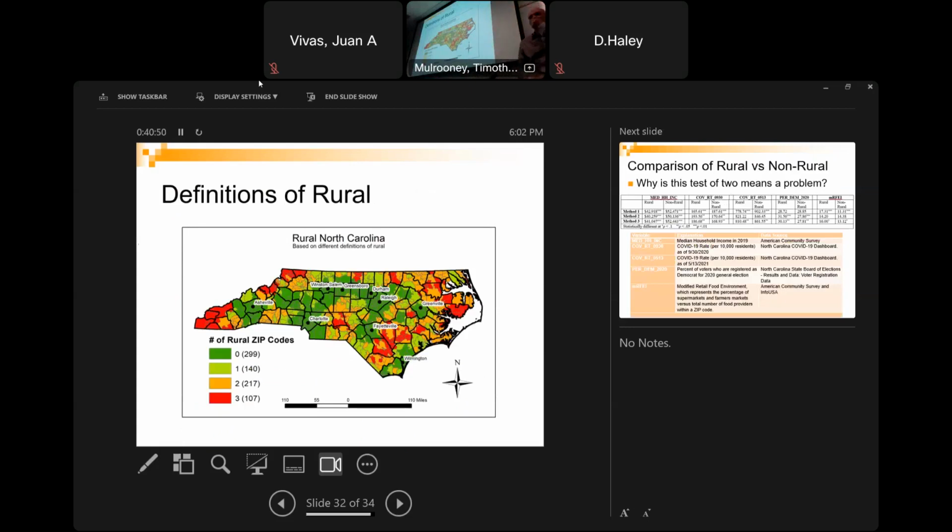You can see this area in orange has 2 definitions of rural, but another definition doesn't satisfy the word rural at the zip code level. A lot of times I go to conferences, and people say, in rural areas, it's this, and I'm the guy in the back asking, what definition of rural did you use? Because there are lots of different definitions.